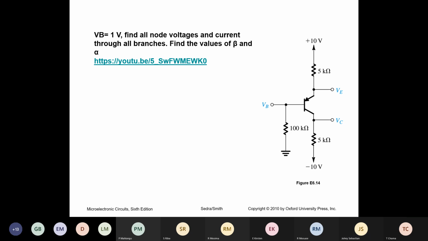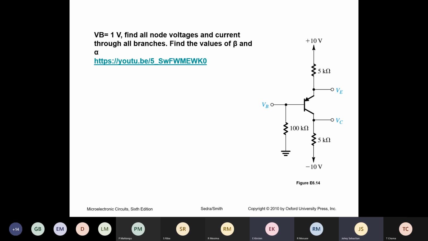You already have the base current. Why? If there is 10 microampere going through 100 kilo ohm, where is that current coming from?